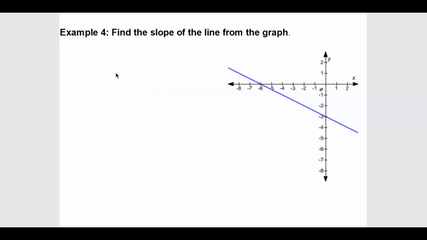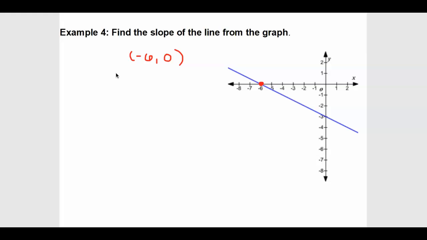And then in our last example, since we are not given a set of points, I need to look at that graph and identify points. So I can see that the graph of the line goes through this point right here. So the point on the graph is -6, comma 0, because it's x, comma y.